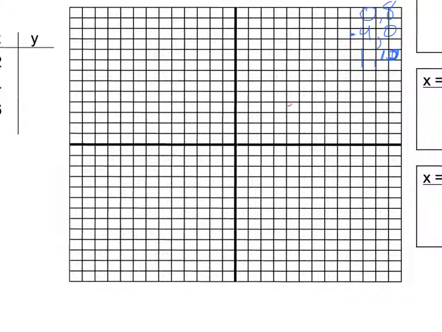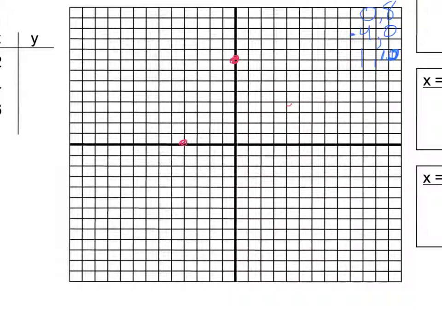Okay, we're going to graph the solutions now. I've written the 3 points up in the corner just so I have some reference from the previous slide. Our 3 points are 0, 8. So x is 0, y is 8. So my first point is here. My second point is negative 4. That's the x value. And y is 0.